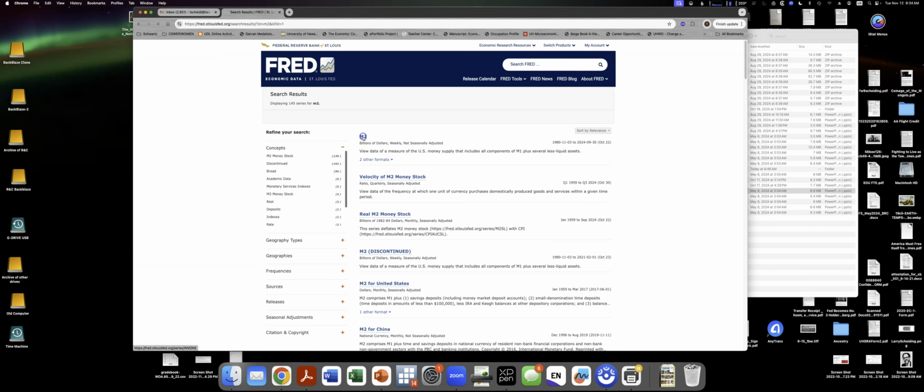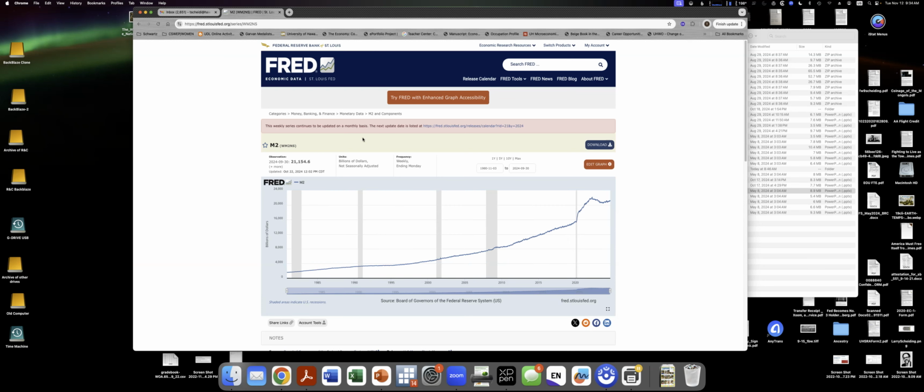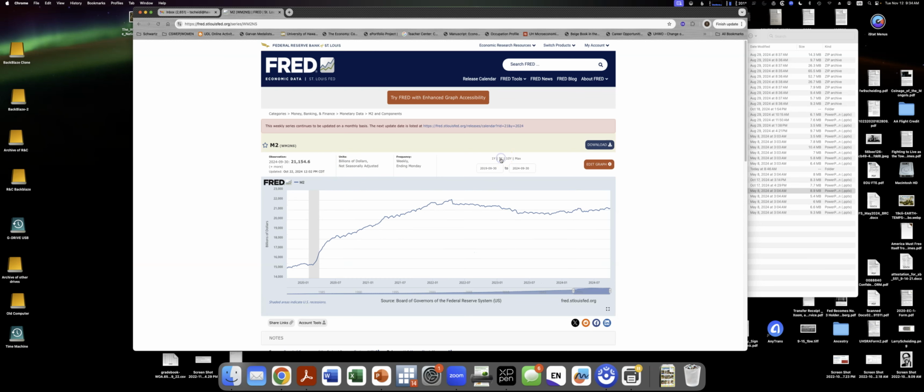There we go. Let's look at how much we got. Now look at this. Just look at this chart. This is measuring how much money we have out there. When we want to understand what is the cause of inflation, this is me talking, and there could be differences of opinion.